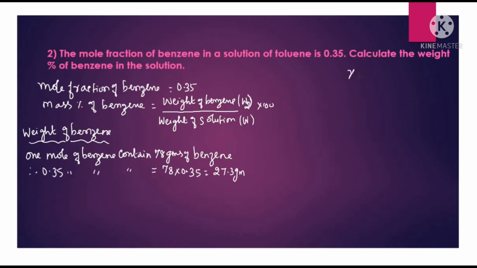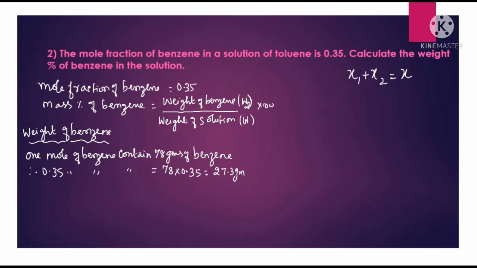See, if we know the mole fraction of the solvent and the mole fraction of the solute, it is possible to calculate the weight of the solution. So the same procedure we are going to follow.